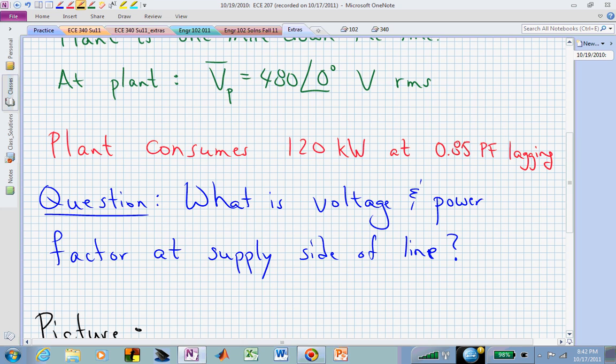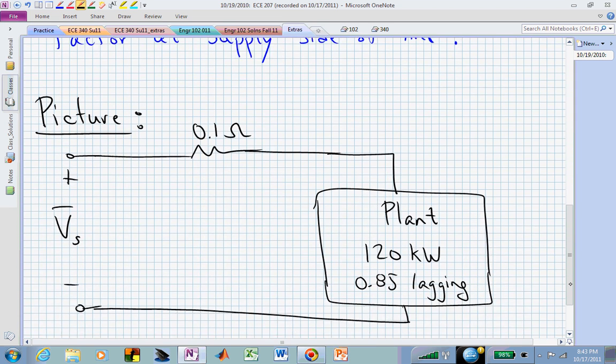What we want to know is, now that we have some supply delivering power to not only the load, but it also has to deliver power to the transmission line, what is the voltage at the supply side of the system, where we now have to supply the transmission line and load number 1. And we want to know what's that voltage and what's the power factor at the supply side of the line.